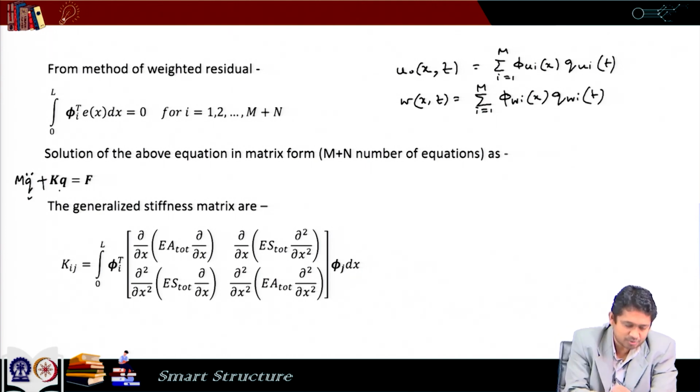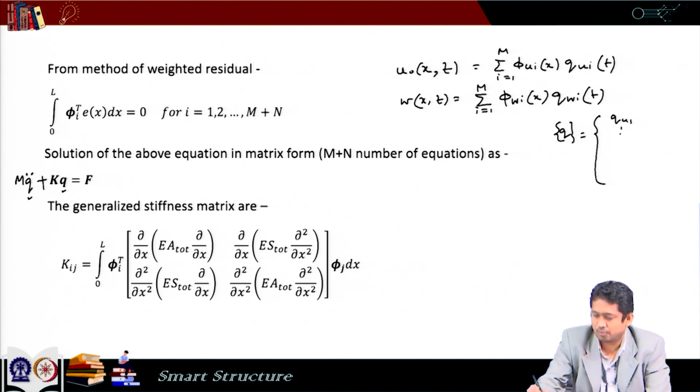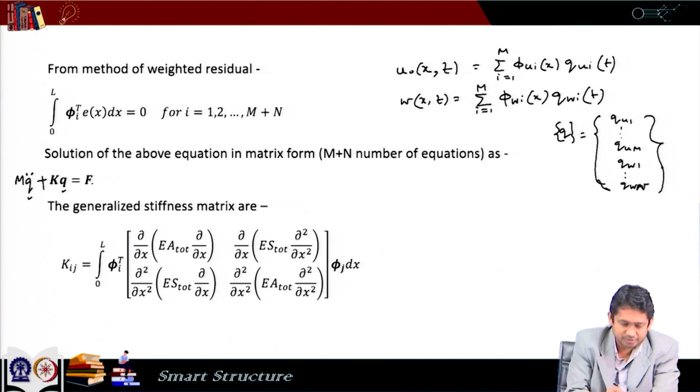So, these q's are now functions of time, and q, as we know, is just the vector where we have q u 1 up to q u m and q w 1 up to q w m. So, this is now our governing differential equation which we have to solve.